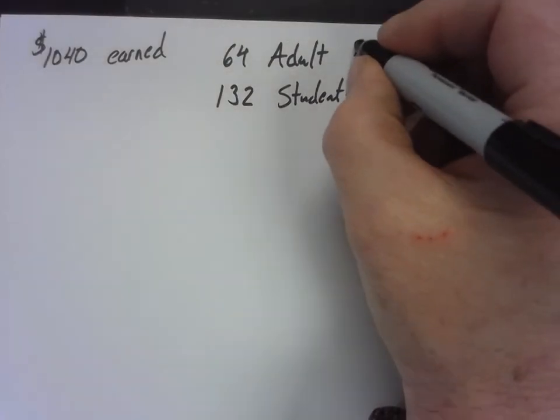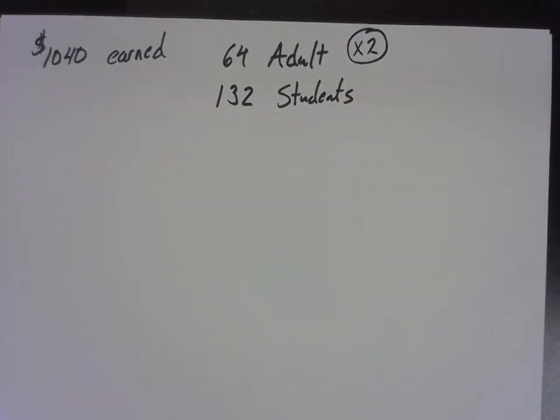So these are times 2, is that okay? This is enough information for us to write 2 different equations, using 2 different variables. But first of all, we have to think about what 2 things we are looking for. So what is the price of each type of ticket? So what are the 2 variables here that we have?